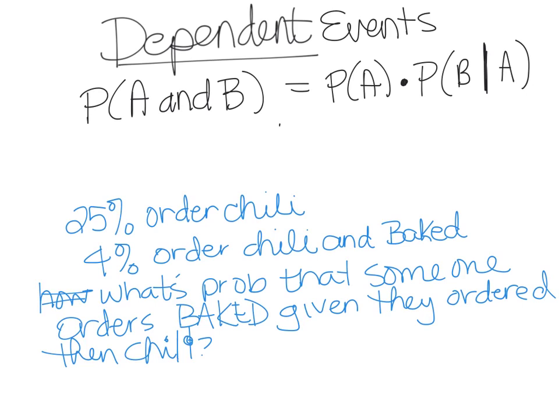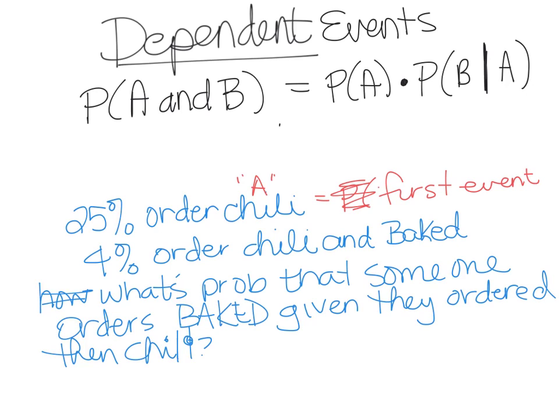So ordering chili is P of A, the first event, and then ordering a baked potato is a second event.